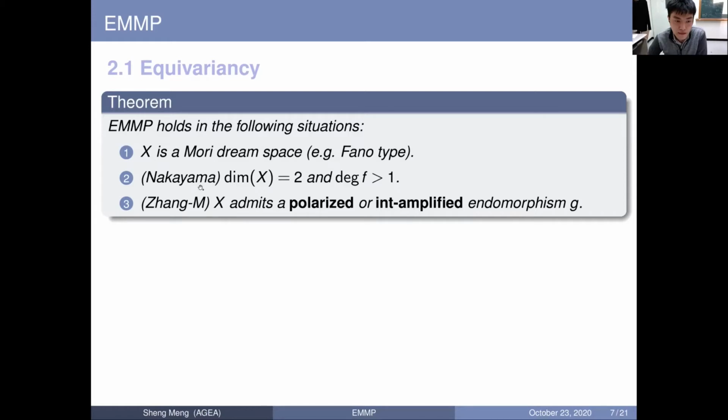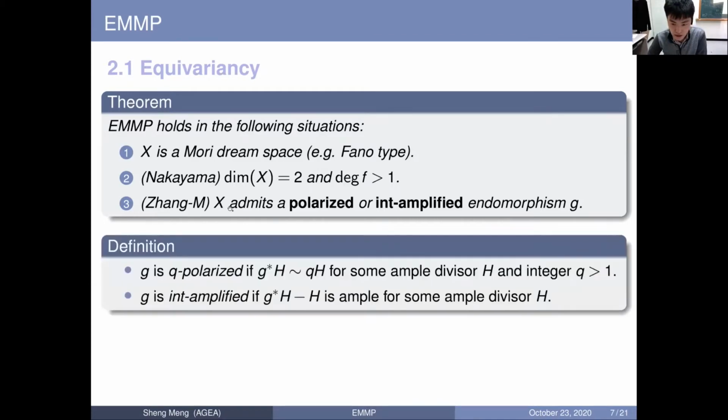And Nakayama proved the equivariancy for the surfaces case and non-isomorphic endomorphism. That means that the degree of F is greater than 1. In general, in higher dimension, such equivariancy may not hold. But Zhang and I show that if X admits a polarized or int-amplified endomorphism, then for any surjective endomorphism of X, you can run the equivariant MMP.